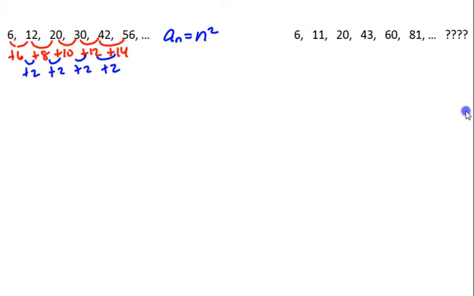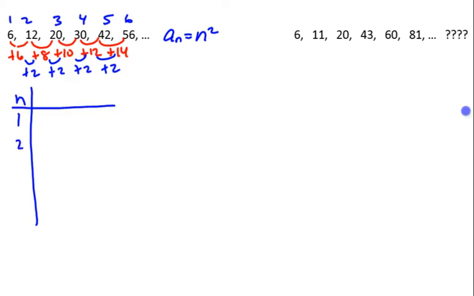So this one, let's square the term numbers, let's make a list here. I'm going to say n is my term number, so here are my n values. And I'm doing this because I already know this one's a little more complicated. 1, 2, 3, 4, 5, 6.